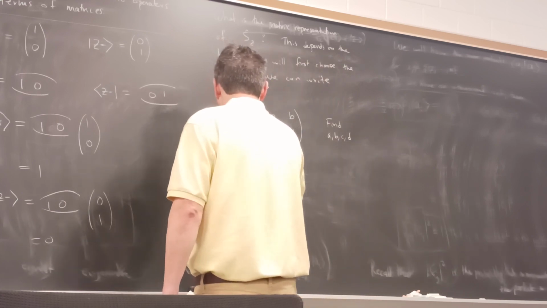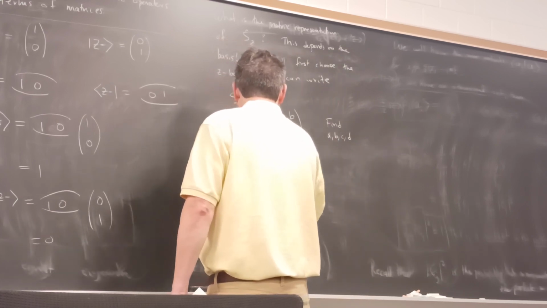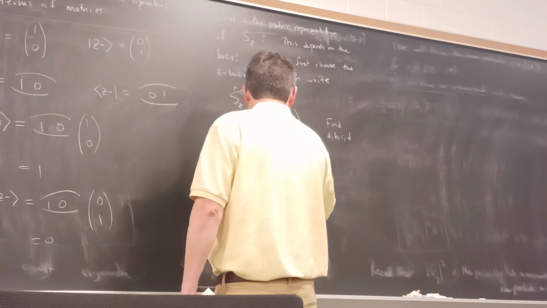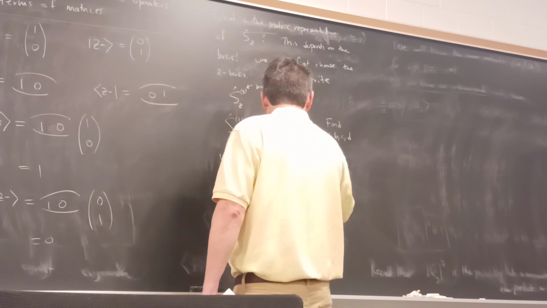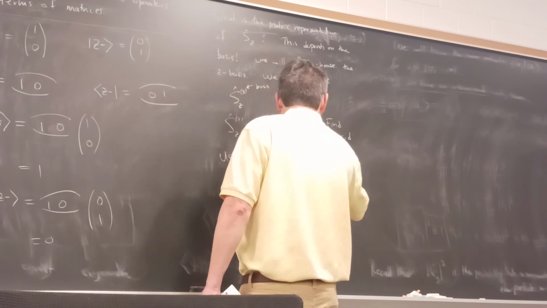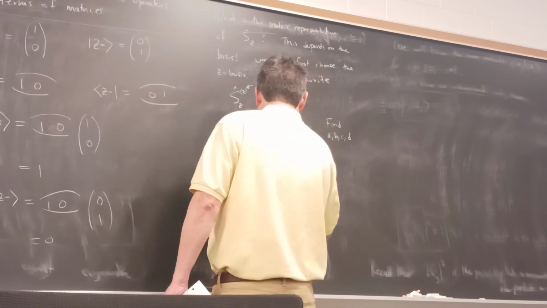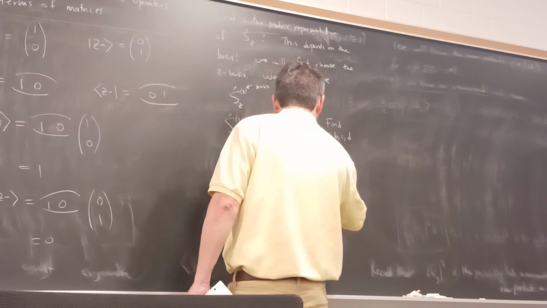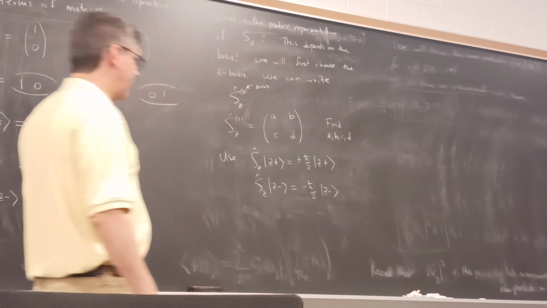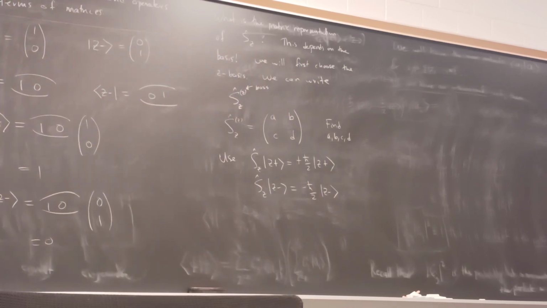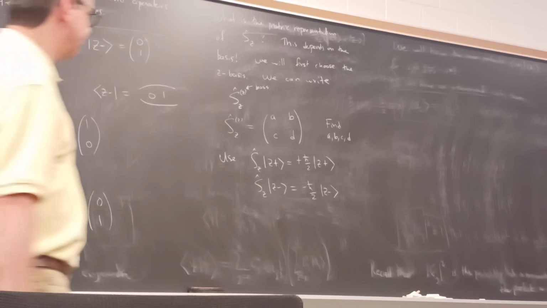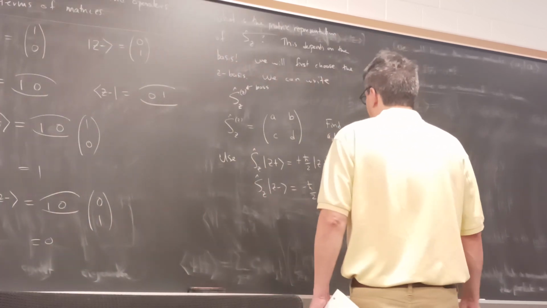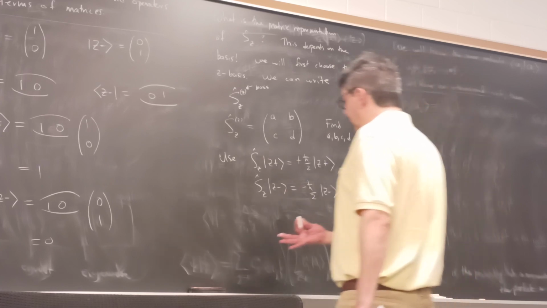So we'll use the fact that we know that S_z on z plus is equal to plus h bar over 2 z plus, and S_z on z minus is minus h bar over 2 z minus. Okay, that's the data that we have to tell us what these coefficients are. So now we just go ahead and multiply through.